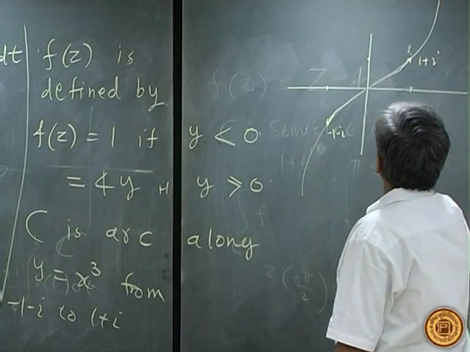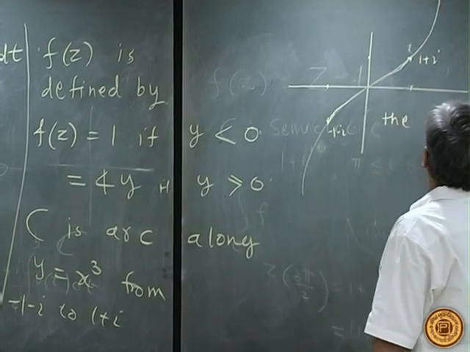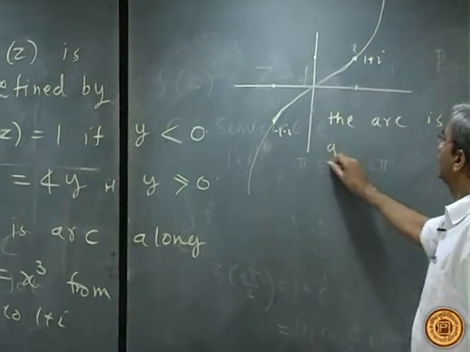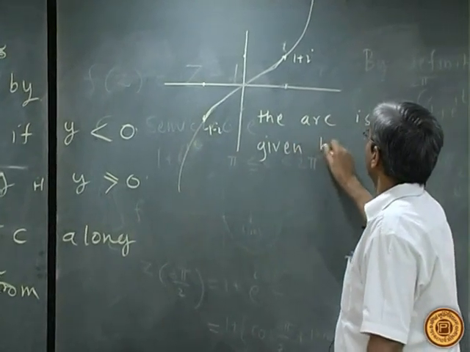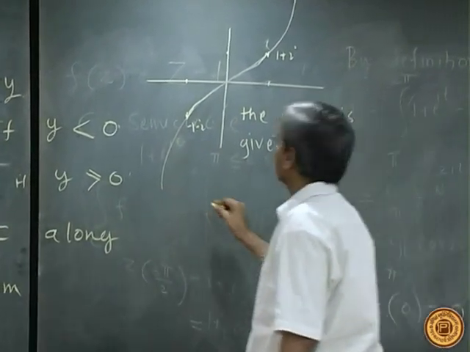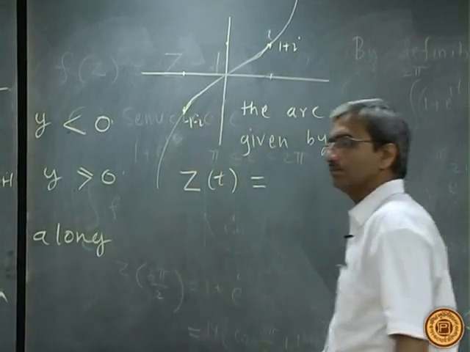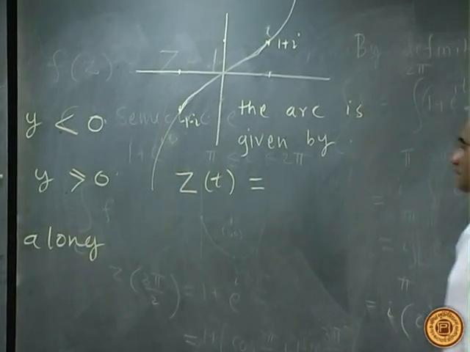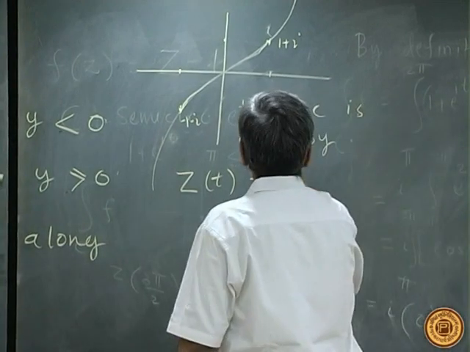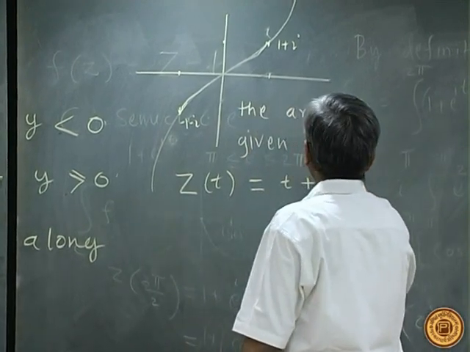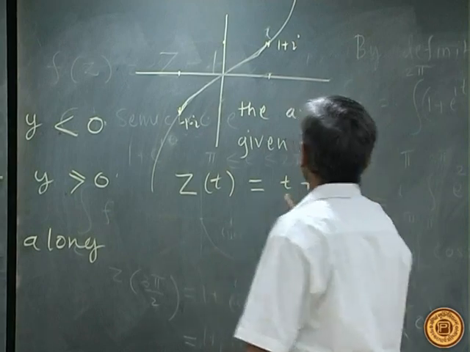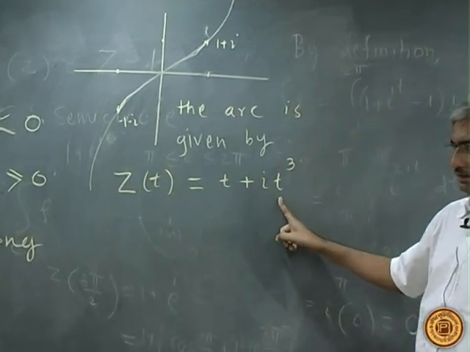So the arc is given by z(t) equal to t, the x coordinate is t, plus I times t cube, because y is x cube.